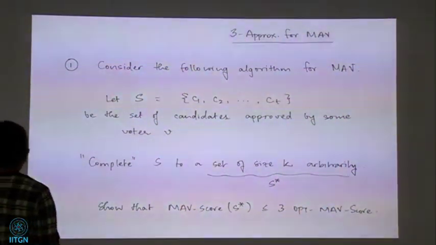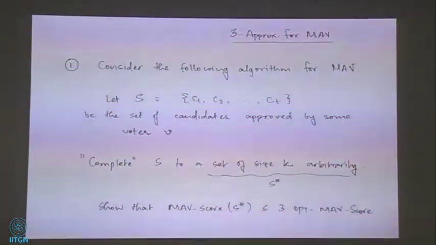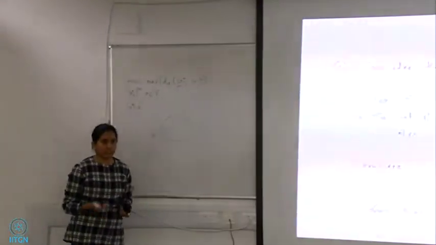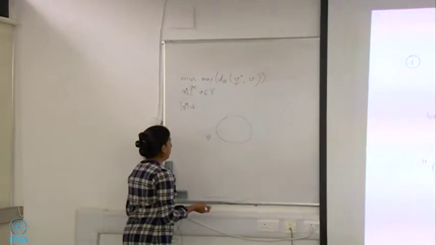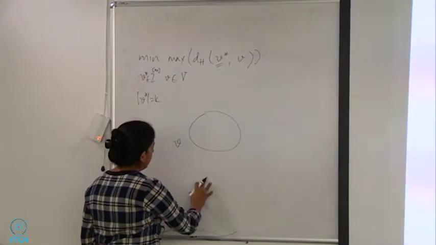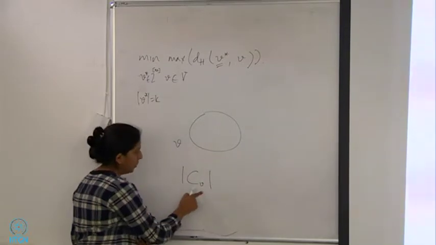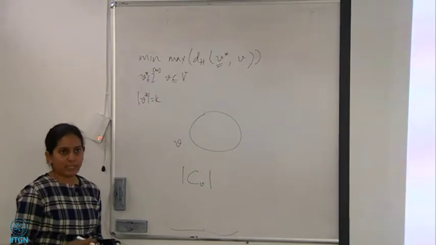The output is, okay, so what I do is I look at the vote of one voter, right? So just pick your favorite voter V. Let C sub V be the set of candidates approved by the voter V, right?